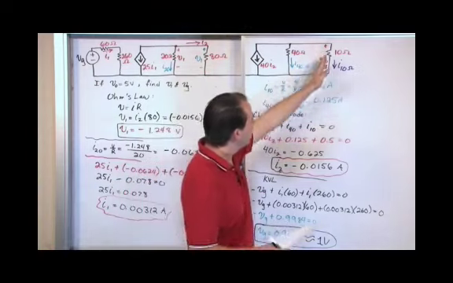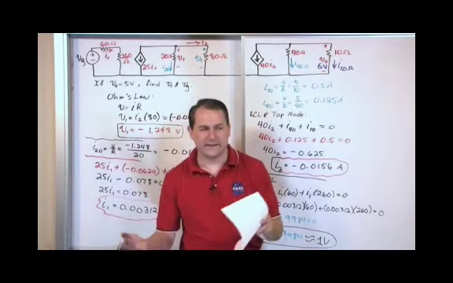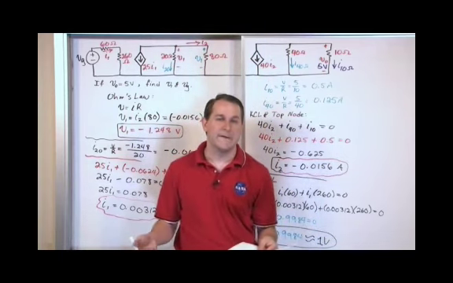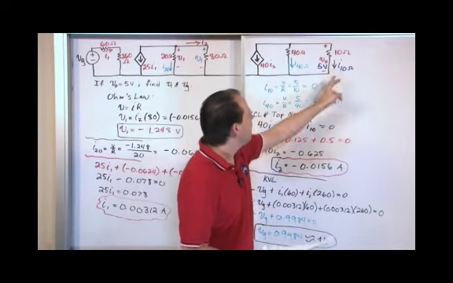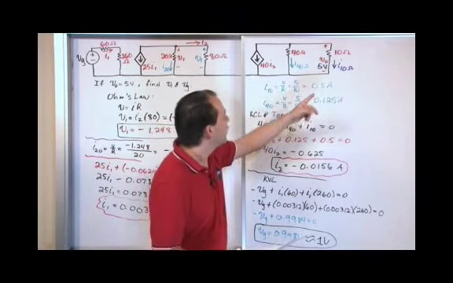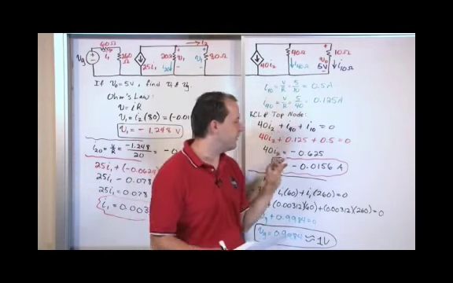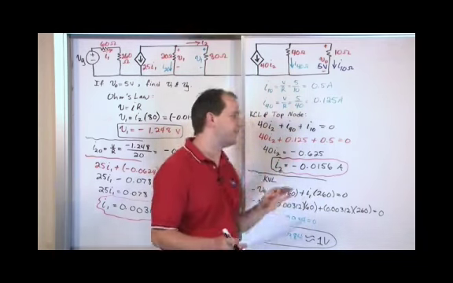You find this, then you find that, and you find this, and you find... It's kind of like this thing's connected to this thing, and this thing's connected to this thing, and you can just sort of work your way backwards. So just do yourself a favor and do good labeling. I sub 10 helps me figure out that that's this current. I sub 40 helps me here, and keeping track of it all is a challenge. But do yourself a favor and take it slow.